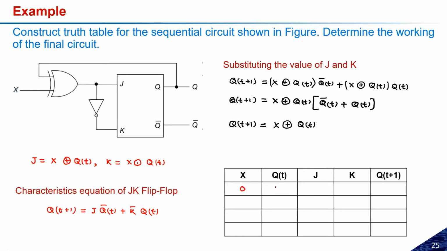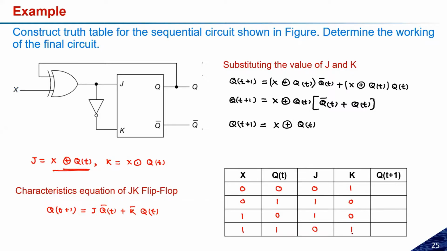X can be 0 0 1 1 and Qt can be 0 1 0 1, one of the possibilities. J is X XOR Qt, so the table of J will be 0 1 1 0, because we are XORing it, and K is X XNOR Qt, so that will become 1 0 0 1.